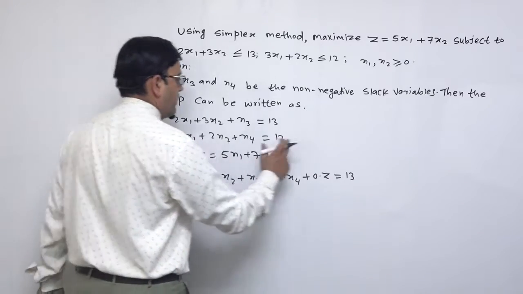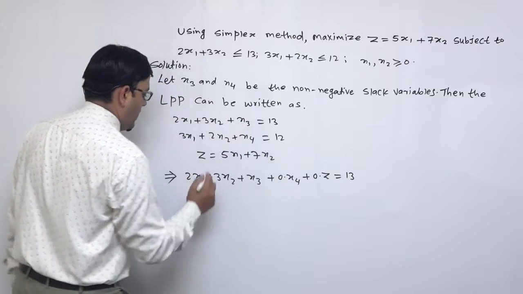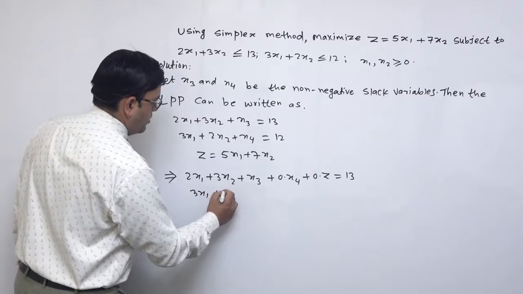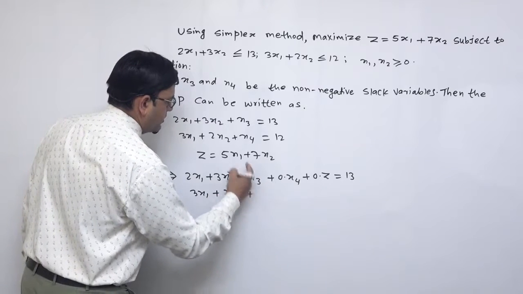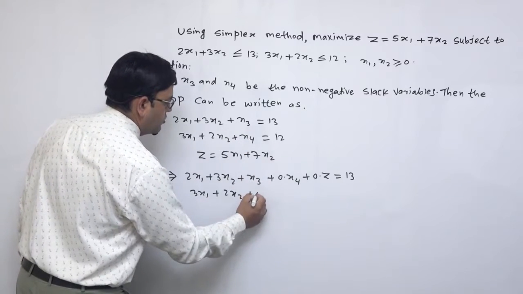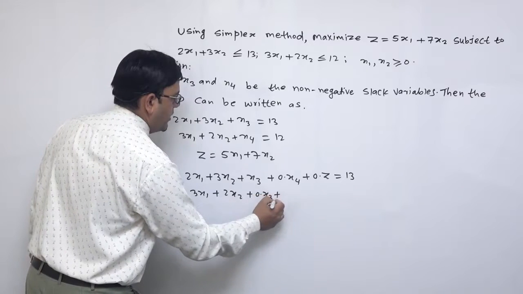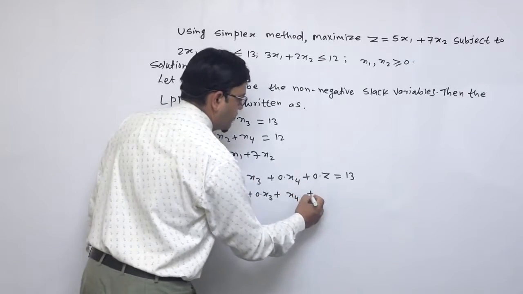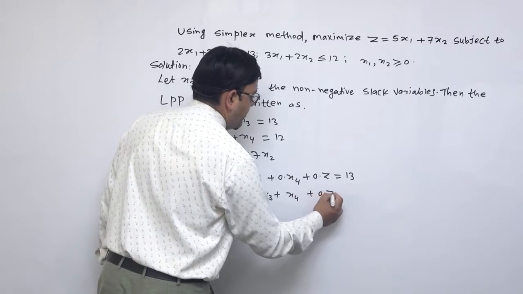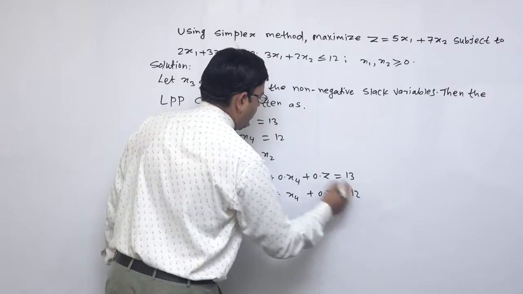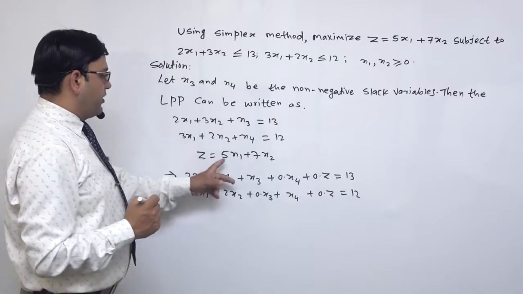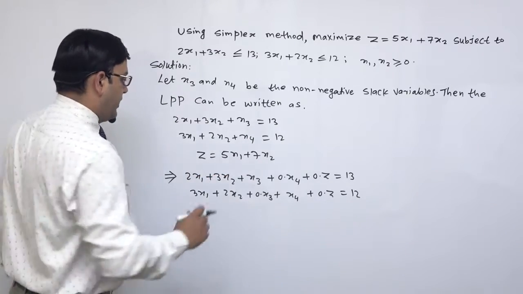Similarly, I think you guessed already. How can we write this one? 3x1 + 2x2 plus, here there is no x3, so 0 times x3, and then only one x4, so we write x4, no z, so 0 times z is equal to 12. Similarly we have to write this also, but here 5x1 + 7x2 is on the RHS side.